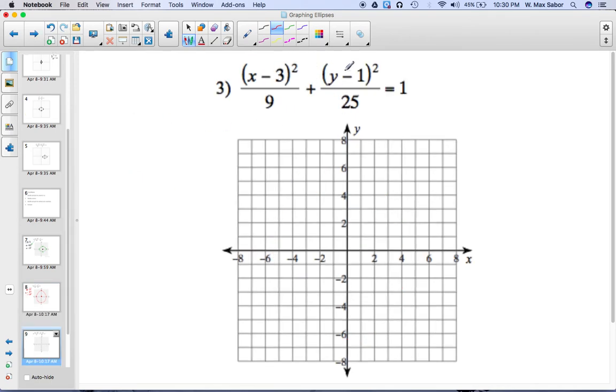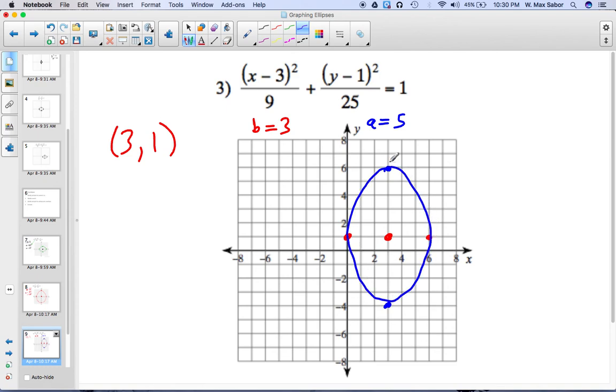Here, 3, 1 is our center. 9 gives us that horizontally, we're going to be going left and right 3. And 25 gives us that we're going to be going up and down by 5. And now we connect. Was this the last one?